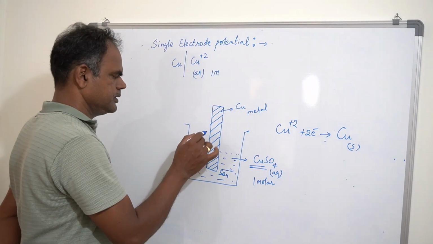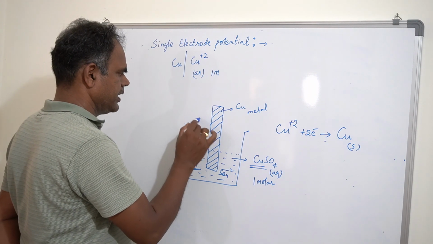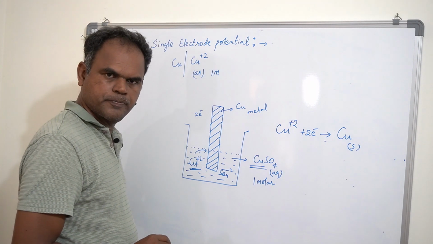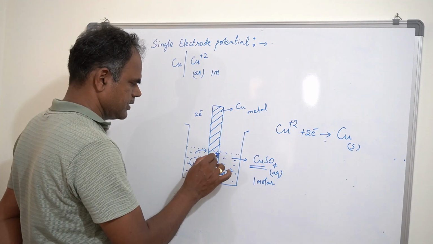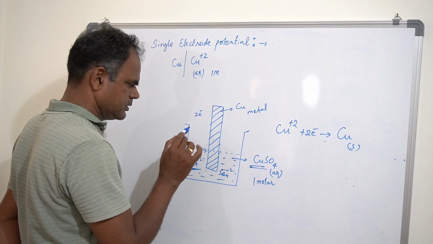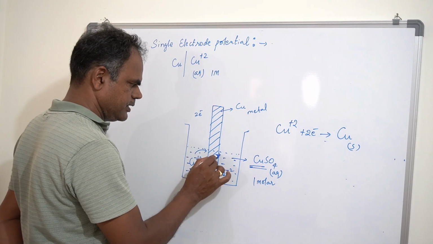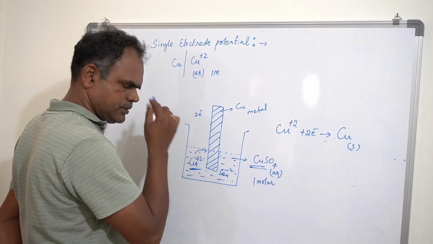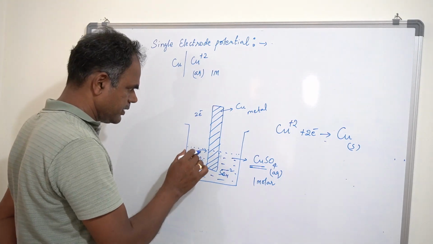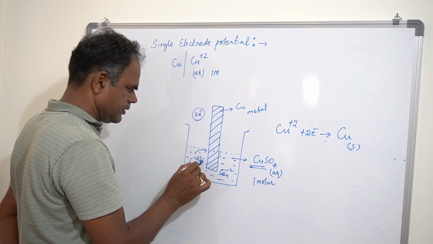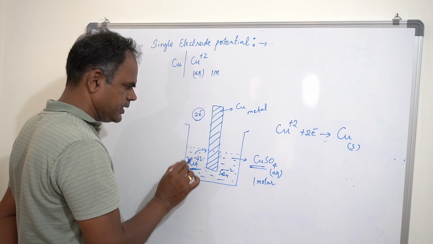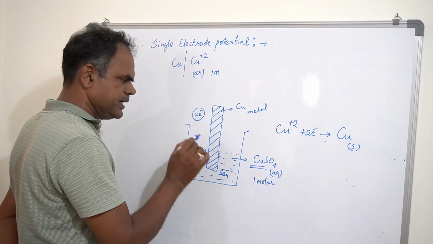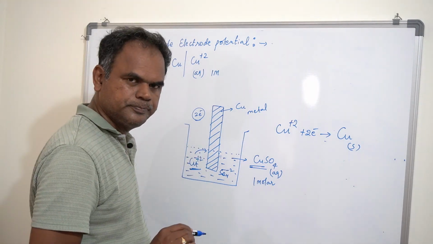That means the copper electrode provides electrons to cupric ions. That means the surface of the copper metal will provide 2 electrons and then cupric ions get reduced. That means the copper plate loses electrons.